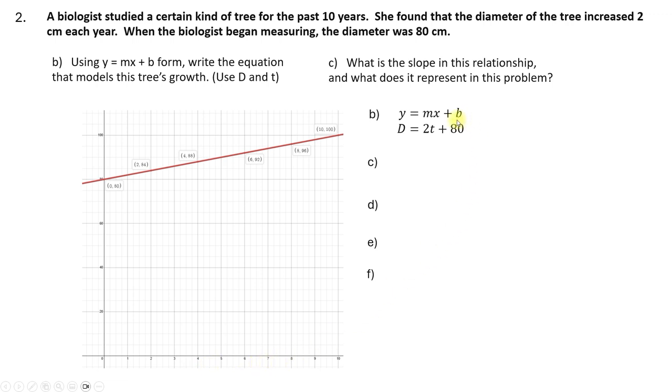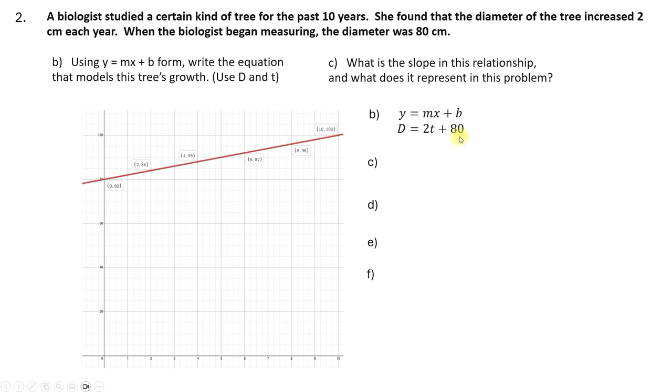It starts with an initial value, and that initial value is the y-intercept, or the value of b. So here we're measuring diameter. It's increasing 2 centimeters every year, but it starts with an initial value of 80.